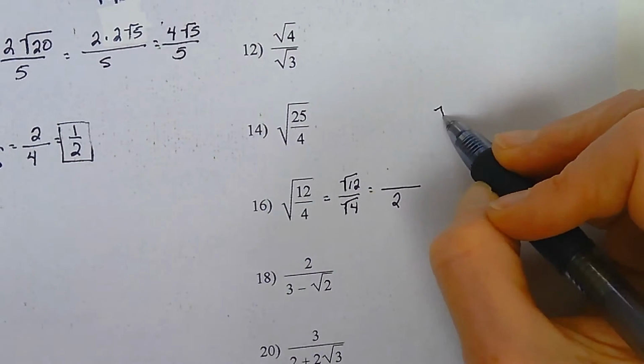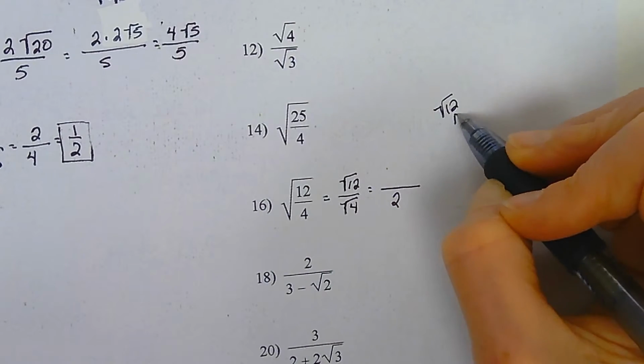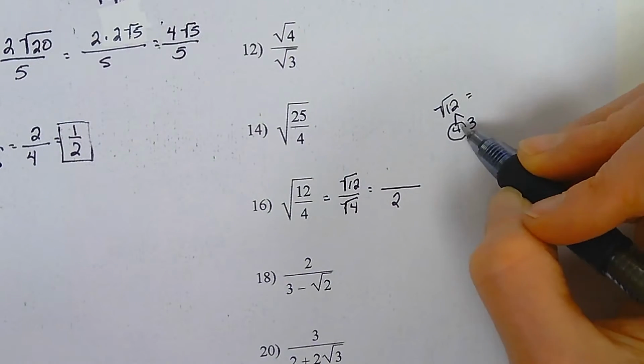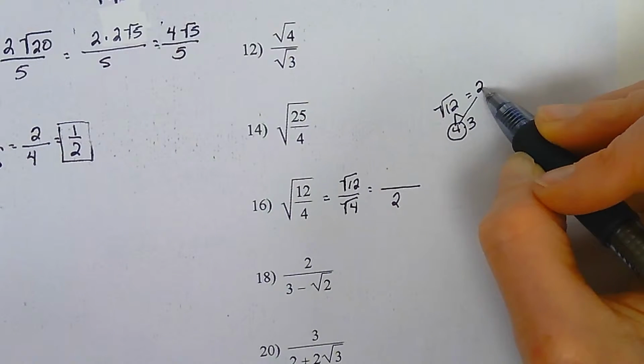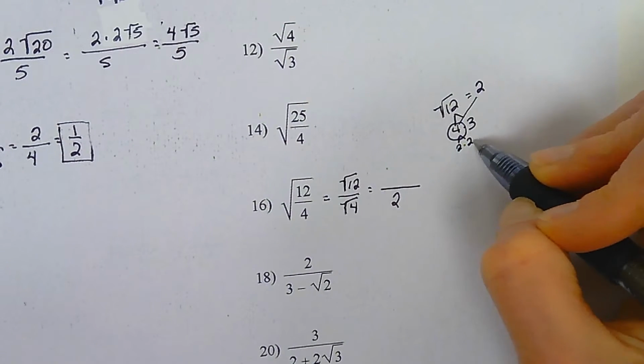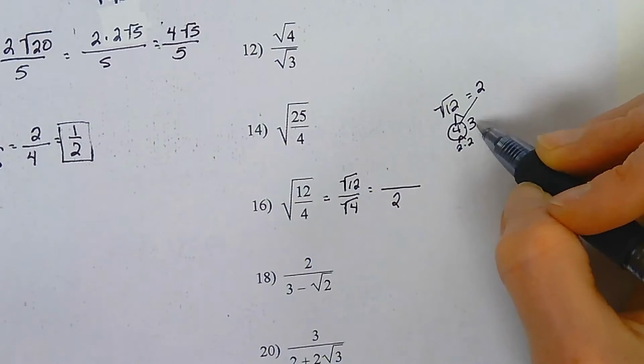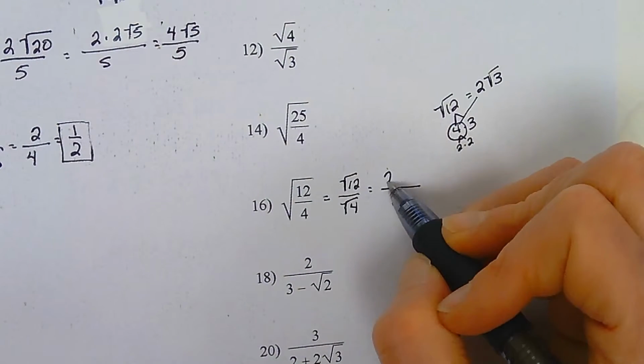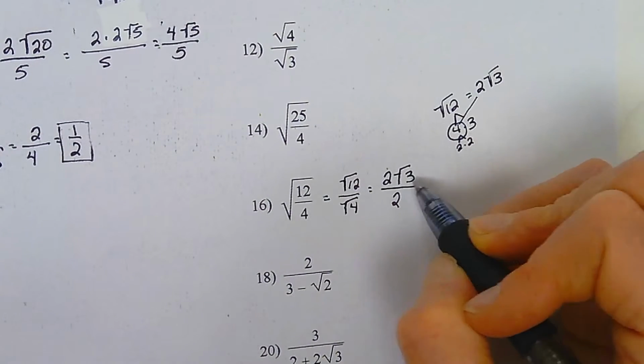The square root of 12 simplified is 4 times 3. This is a perfect square, so I can take out the square root of it, which would be 2. Remember, this is 2 times 2, so I'm taking out the 2. And what's left is the 3. So I'm rewriting the square root of 12 as 2 rad 3.